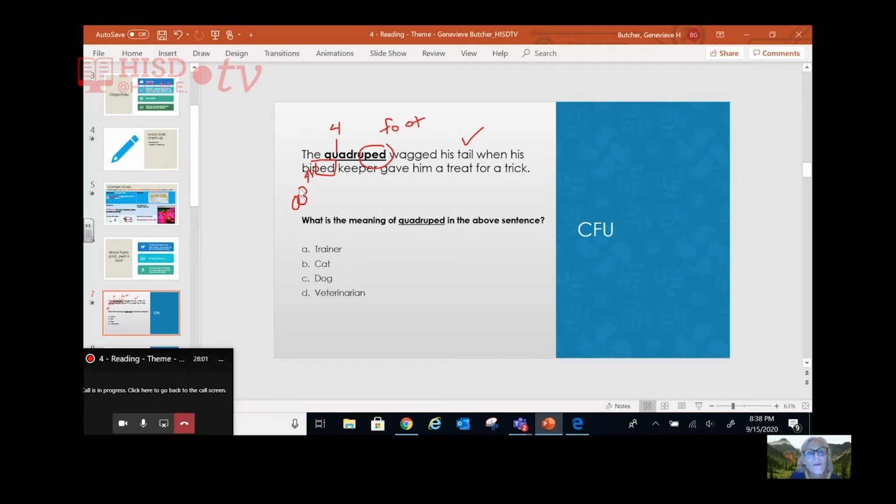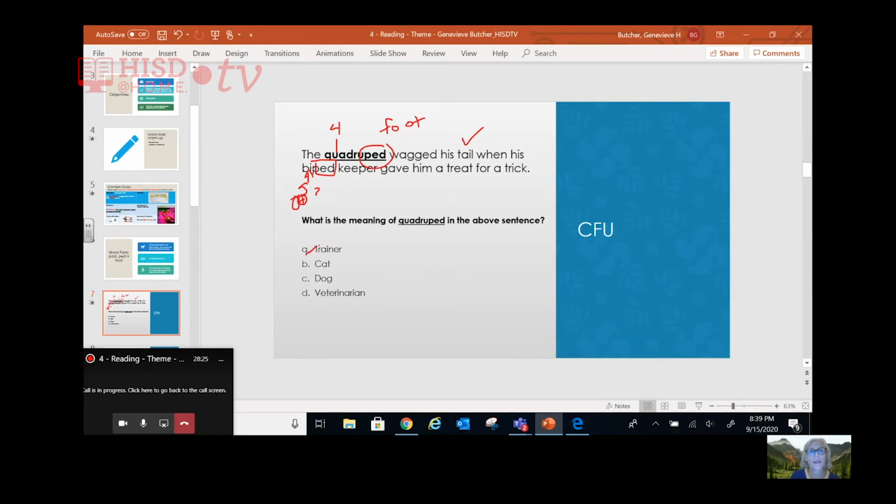Well, I know that a bicycle has two wheels. Bicycle, here's my little bicycle. Oh my goodness, this is a terrible little bicycle. Looks like it has a tail. Anyway, a bicycle has two wheels, so that means that's a two-footed something. Two-footed keeper gave him a treat for a trick. Ah, so the quadruped wagged his tail. Trainer, no, the quadruped is not the trainer, the biped is the person.